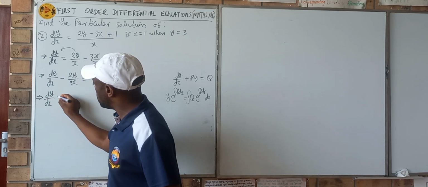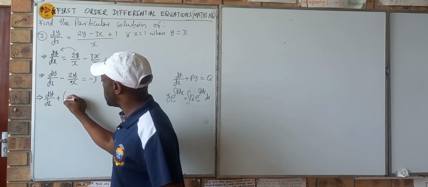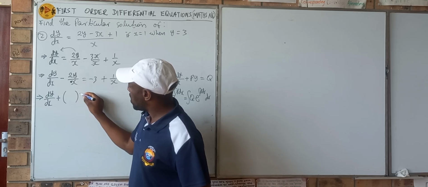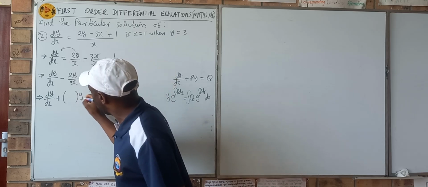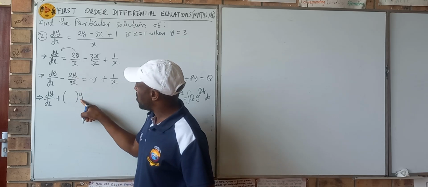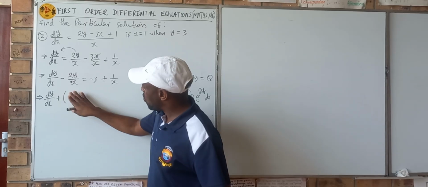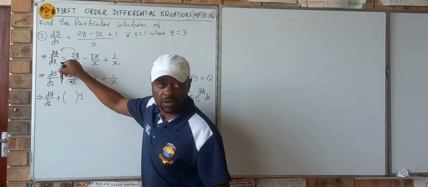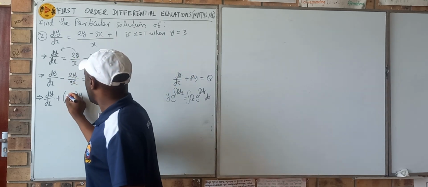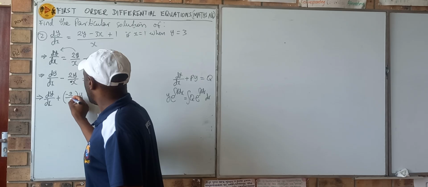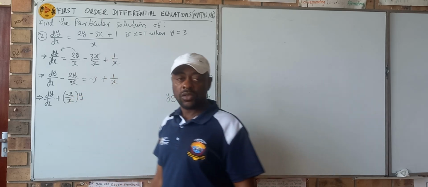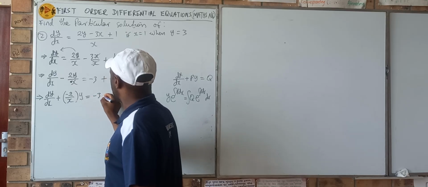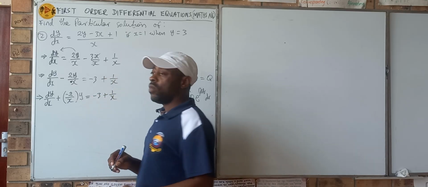All you need to do is put your positive, create a bracket, then out of that bracket you put your y, since y is supposed to be part of this term. Then what goes in there is that negative sign together with the rest of this term. So I'll get negative 2 on x. Then on my right hand side, I get my negative 3 plus 1 over x.